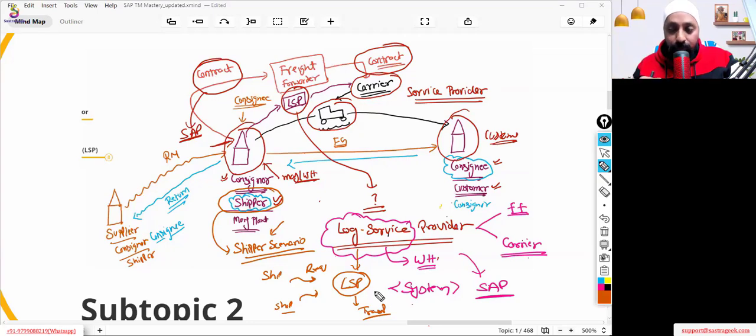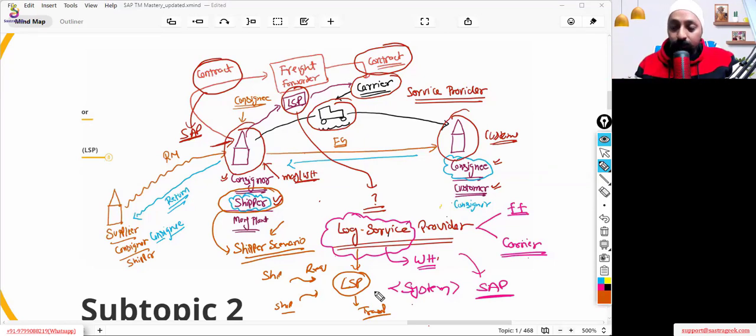If you are a manufacturing company delivering a product, we are implementing TM for you. That would be a shipper scenario. If you are a logistics service provider, you don't produce a product. Your job is only to get the transportation requirement from different customers and clients, and then do the shipments for them.